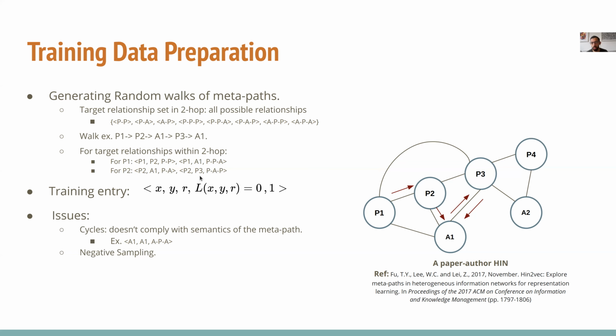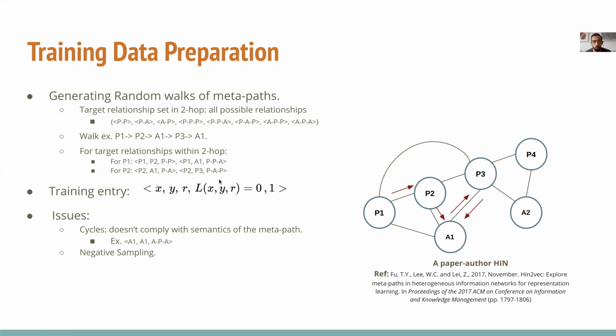So if we actually check the graph, we have P2 and A1, and they are connected with the meta path PA. And we have P2 and P3, and they are connected with the meta path PAP. I think you can also extract P2 and P3 and put PP as an example of a meta path, but here for illustration, we didn't try to extract all the possible training examples.